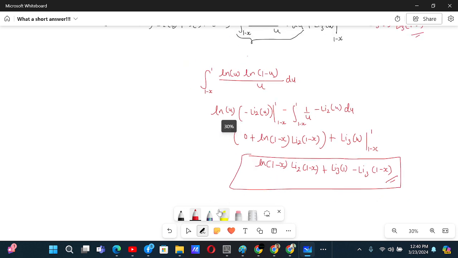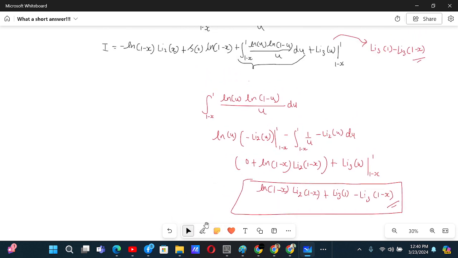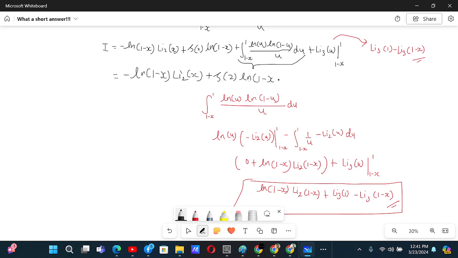Now let's combine all of them together. This integral becomes minus ln of 1 minus x Li2 of x plus zeta of 2 ln of 1 minus x, and now this one is plus ln of 1 minus x Li2 of 1 minus x.